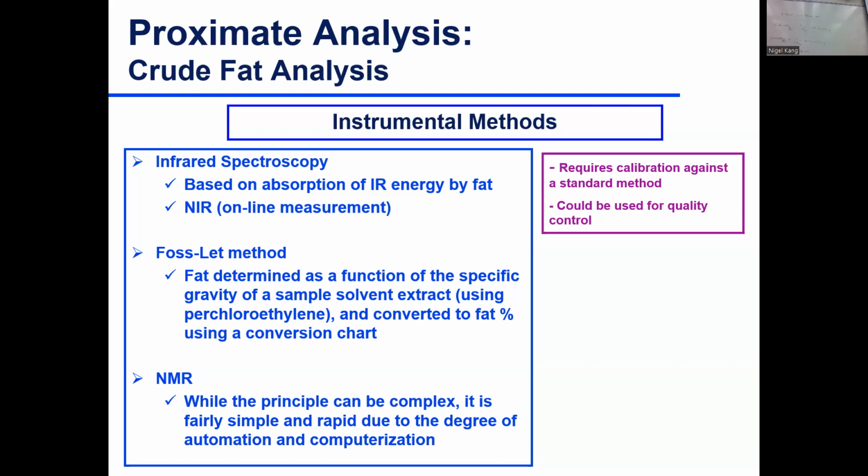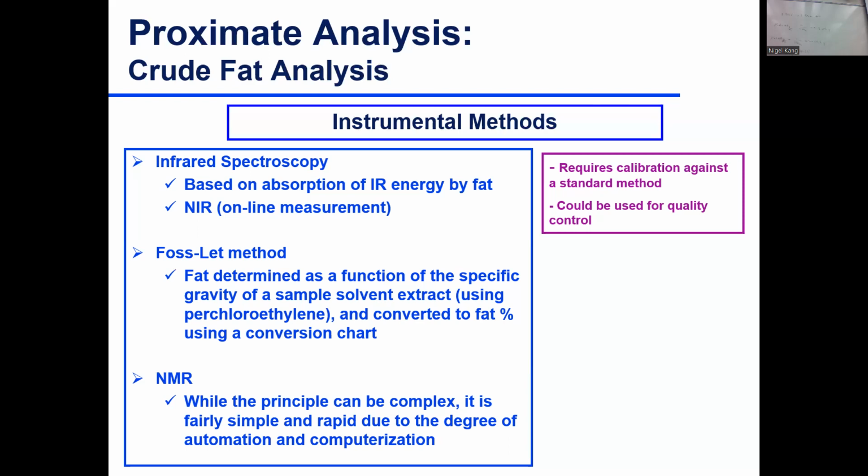The fat absorbs light at a specific wave number or wavelength. And the higher the fat content, the higher the absorbance. So you can use IR and NIR for fat measurement to determine the fat content.